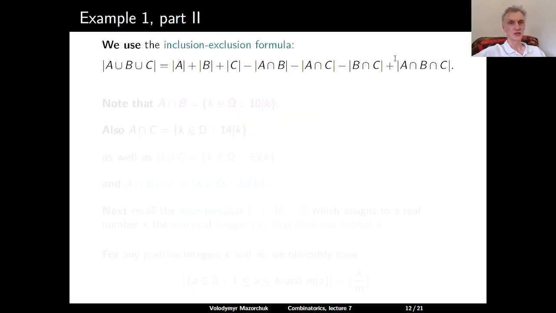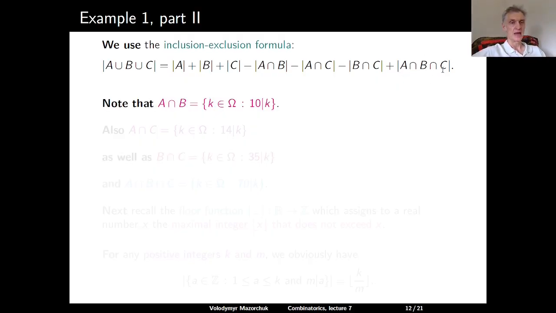The cardinality of the union of A, B, and C equals the cardinality of A plus the cardinality of B plus the cardinality of C, minus the cardinalities of the two-set intersections, and then plus the cardinality of the intersection of A, B, and C.